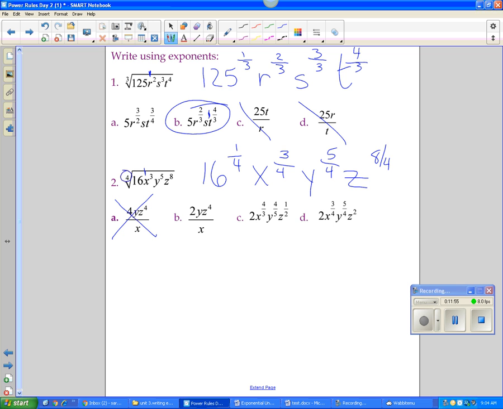So 16 to the 1/4, guys, gives me 2. I also need one that has x to the 3 over 4. Hallie, which one has x to the 3 over 4 in it? D. Okay. Anybody know where they got z squared from in their answer? 8 divided by 4 gives you 2. Okay. All right. Good.